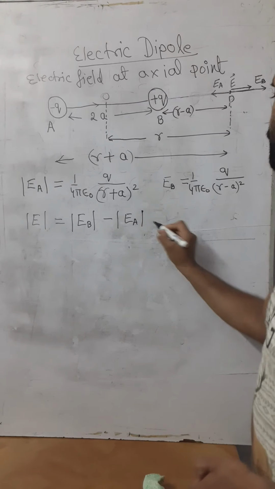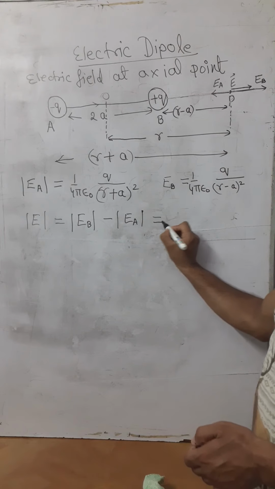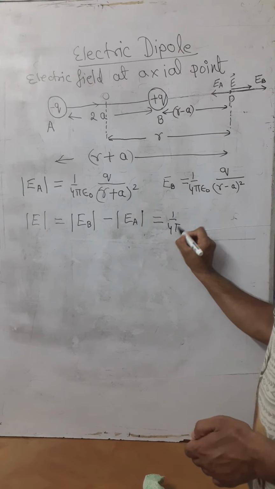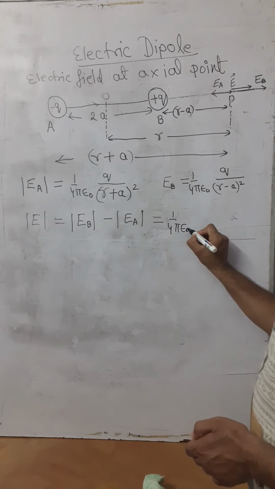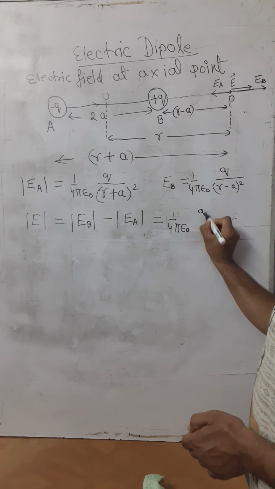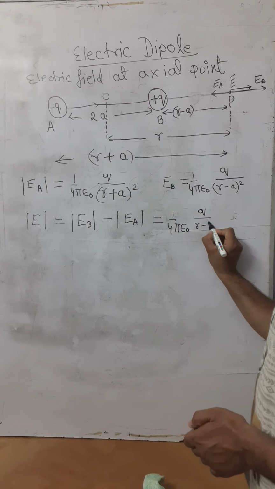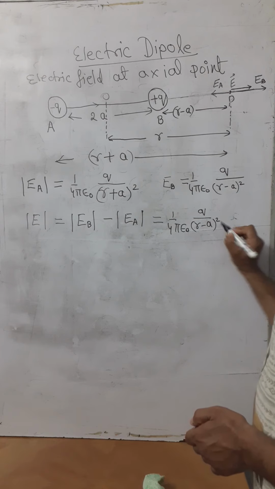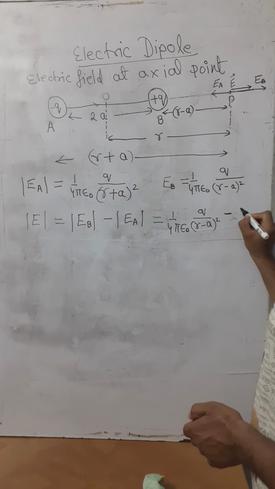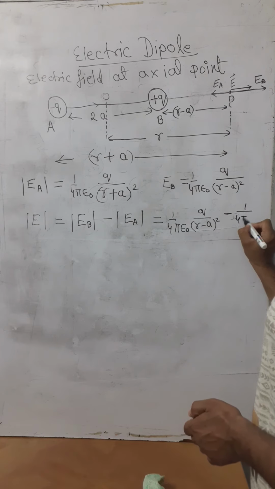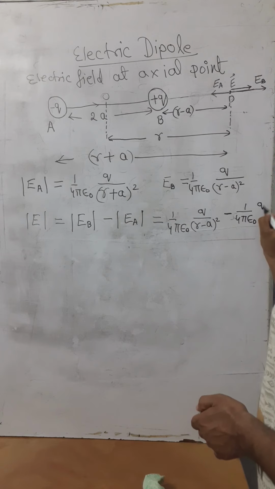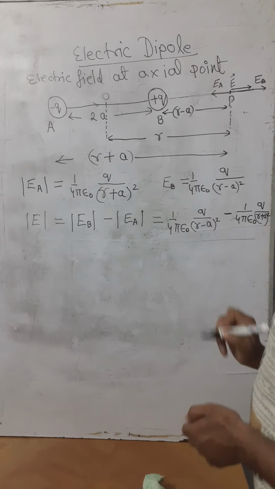So it is equal to 1 by 4 pi epsilon naught Q upon (R minus A) whole square minus 1 by 4 pi epsilon naught Q upon (R plus A) whole square. Right.